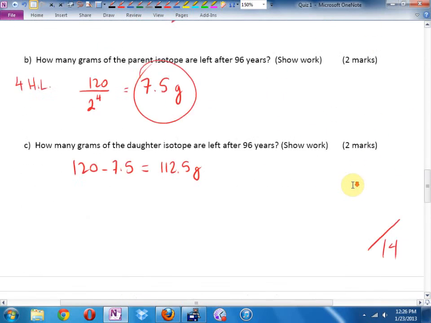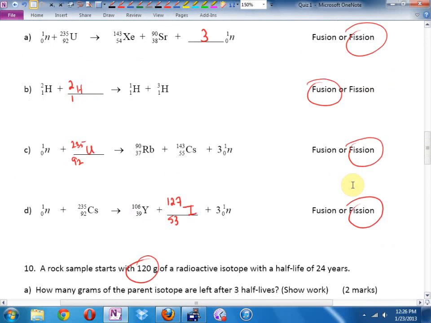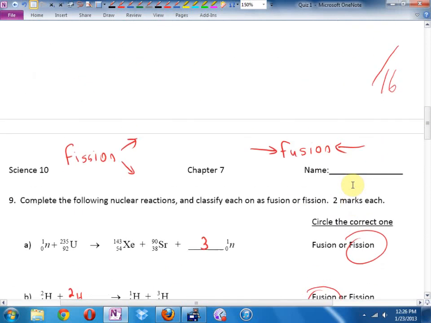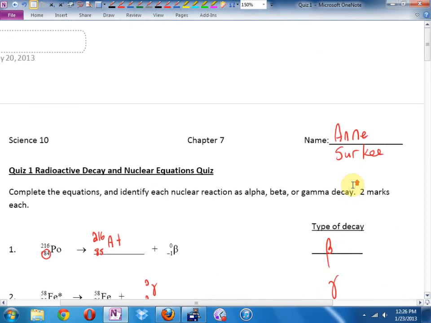So that's 30. And then I got 2 more. 16 and 14 can't be 20. It's got to be 30. My math is more gooder. Okay, anyways, give yourself a nice clear score at the top out of 32, please.